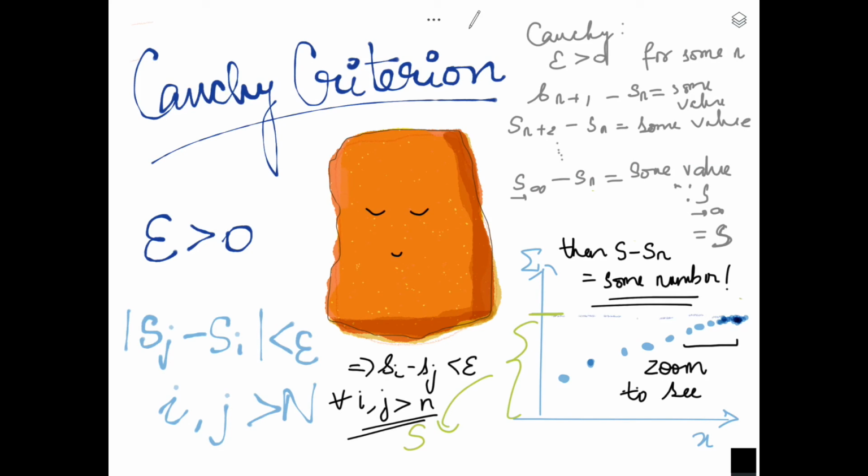Why? Well, since S infinity is just some value S, then for any epsilon greater than 0, I could always find some n such that S minus Sn, which is just some number, would satisfy my Cauchy criterion. To see this, I guess you'd have to zoom a little bit more on the cluster, but I'll leave that for your imagination.